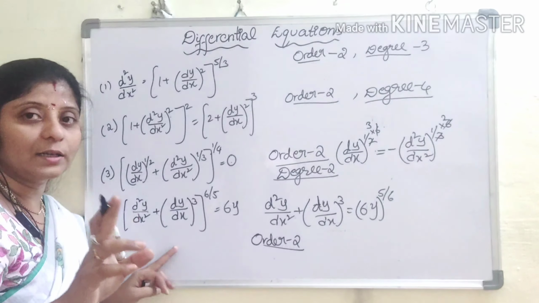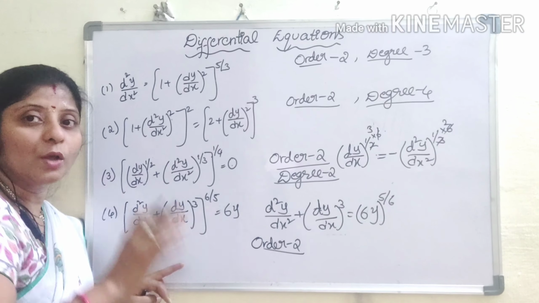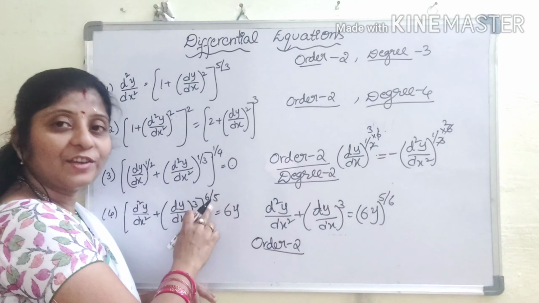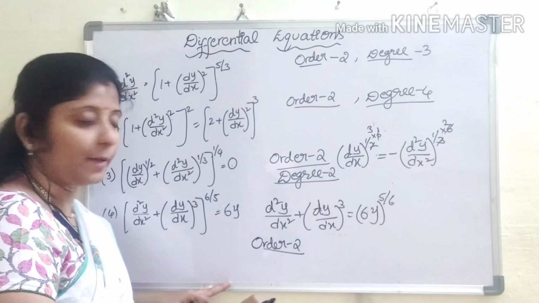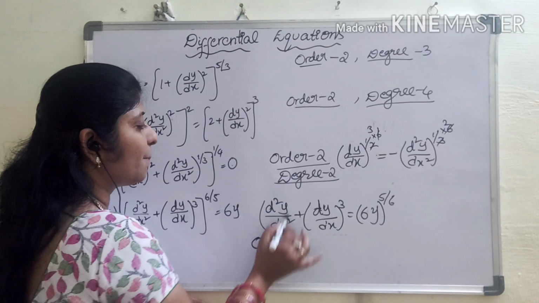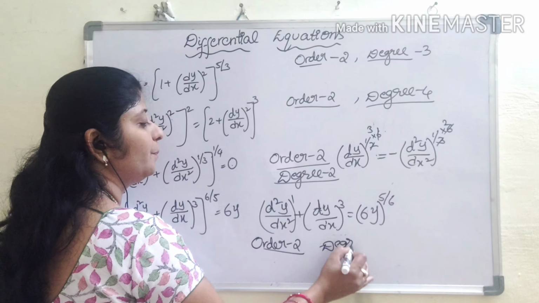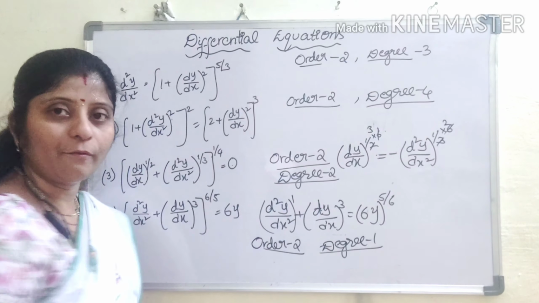This term does not have a fractional power. So we have to remove the fractional power of that term only, whatever the powers of the other terms. So here the power of this one will be 1. Degree for this problem is 1.